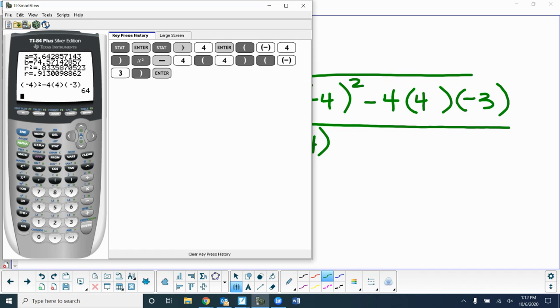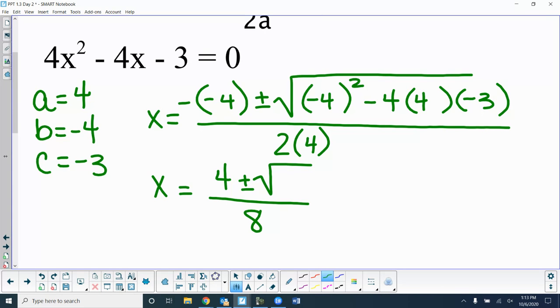You get 64. Well, this one was a nice number. So if you would have put the square root symbol in there, it would have given you a nice number. If that wasn't a perfect square, then you get all these decimals. We don't want the decimal. We want it in radical form. But this one does work out nice. So since it does work out nice, finish it up. Don't just leave it as 4 plus or minus 8 over 8. 4 plus 8 is 12, right?